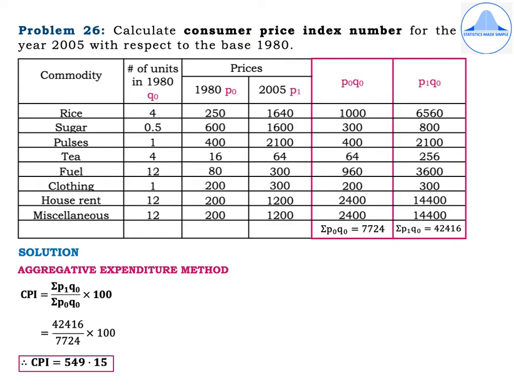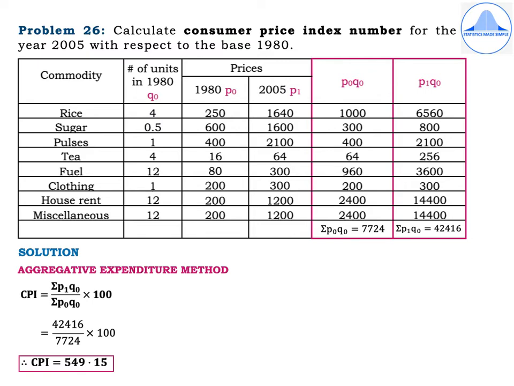Problem 26. Calculate consumer price index number for the year 2005 with respect to the base 1980. The commodities are rice, sugar, pulses, tea, fuel, clothing, house rent and miscellaneous. The number of units in 1980 are 4, 0.5, 1, 4, 12, 1, 12, 12.